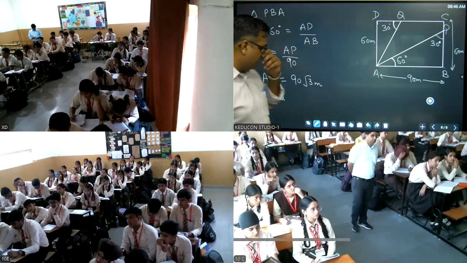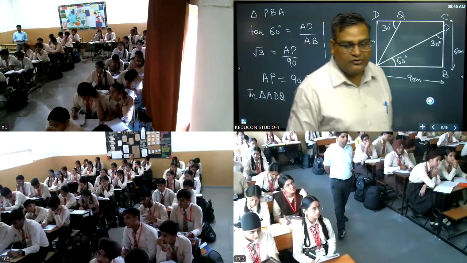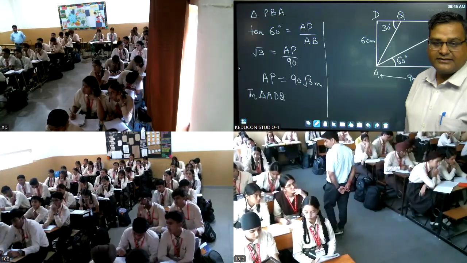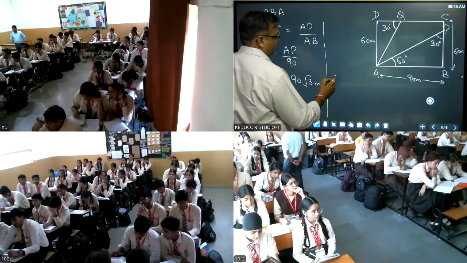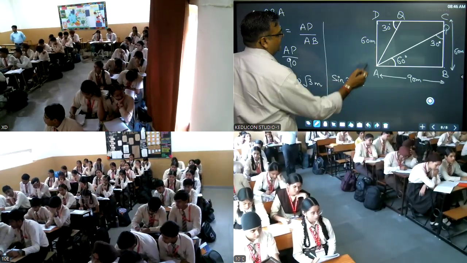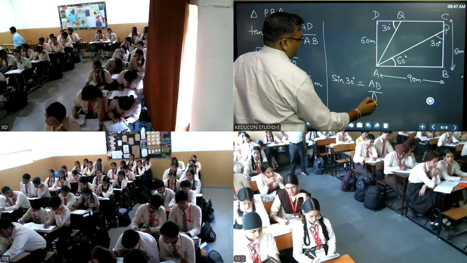So which concept will apply here? Which trigonometric ratio? Yes, कौन बताएगा बच्चे? Sin theta. And theta is here 30 degree. Sin 30 will be equal to AD over AQ.